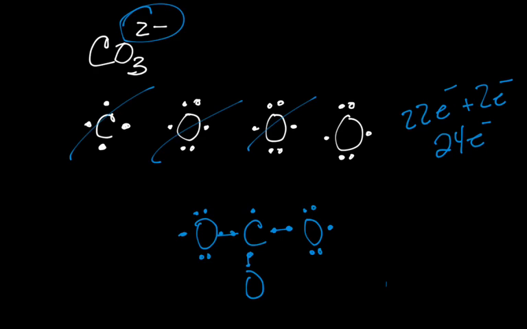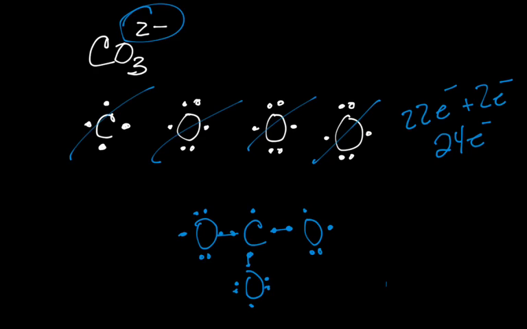So, got that. So we've now used all the atoms, but if you note, we still have 1, 2, 3, 4 more bonding spots. Well, we could form a double bond between the carbon and one of the oxygens.